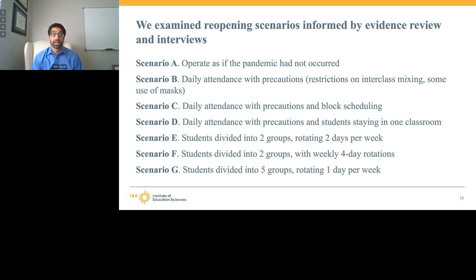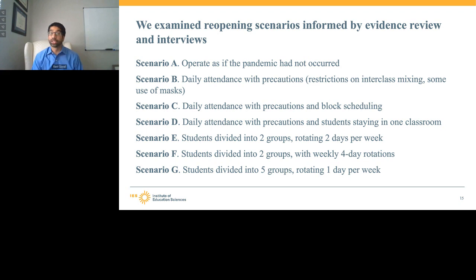Scenario B represents minimal change to the format of instruction. Masks are worn on school buses and during administrative and teacher meetings, and students eat lunch in the classroom. Scenarios C and D represent changes to instruction, and these are more applicable to settings where departmentalized learning happens, middle and high schools.